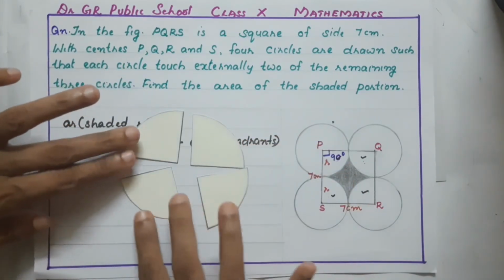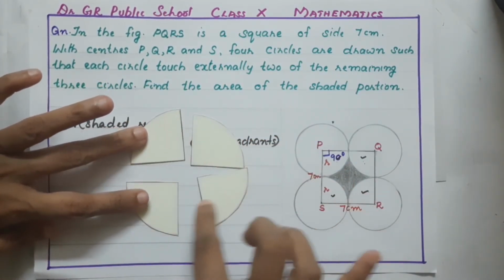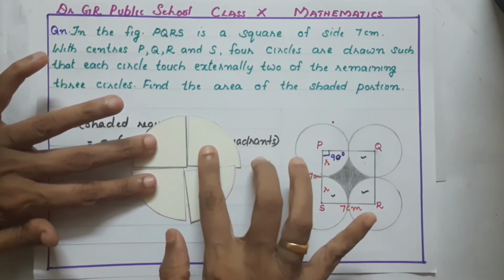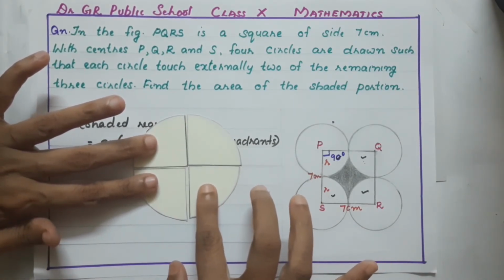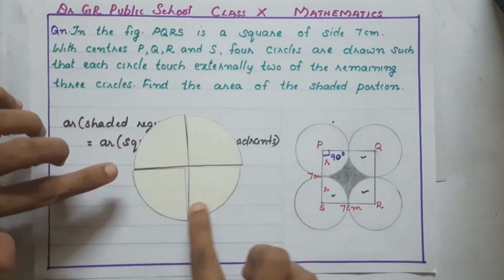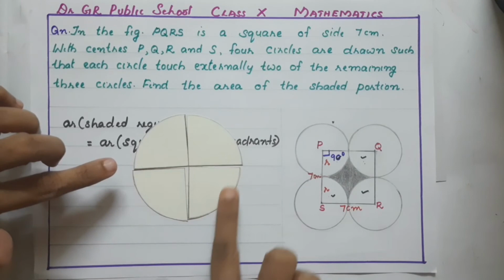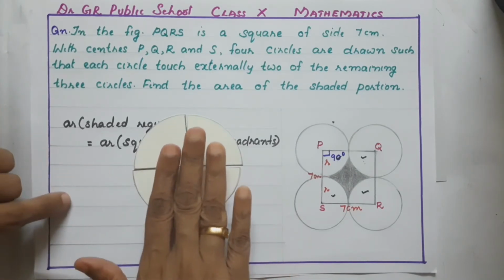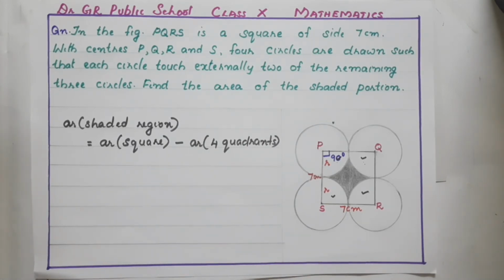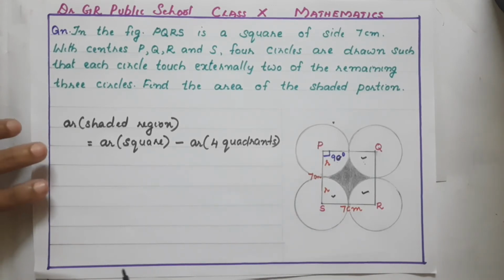So see this, four quadrants. When we take these four quadrants together, we get a complete circle. So area of four quadrants means area of one complete circle. Okay. So area of four quadrants we can write as area of one complete circle.